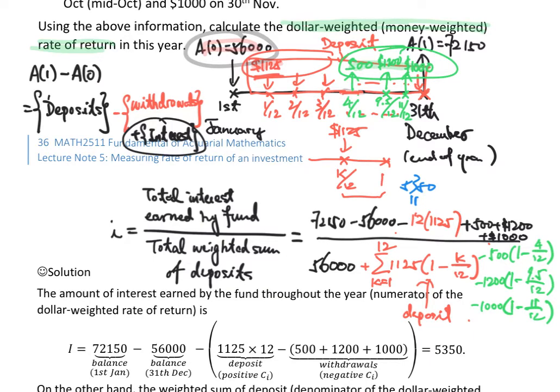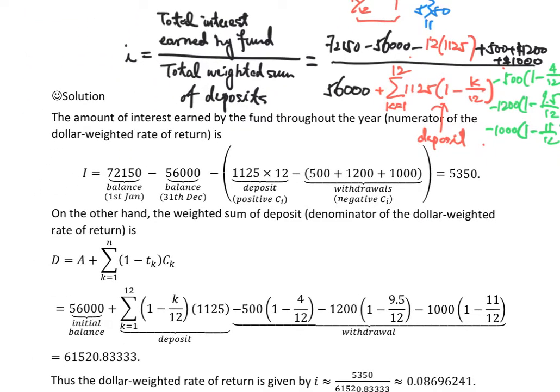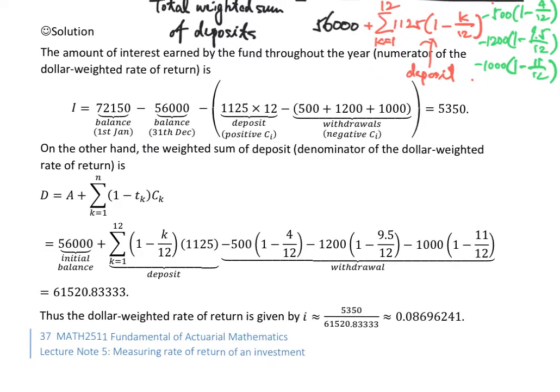So here, this is how you get the denominator, which is the one that I presented in the solution as well. By calculating this, you will find that the denominator, which is the weighted sum of the deposit, will be just 61,520.